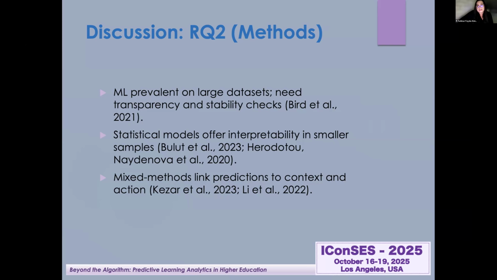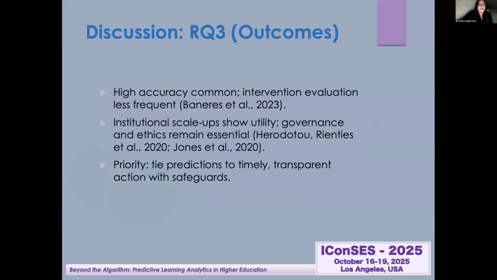There are also some statistical models, but the interpretability is limited to only smaller samples compared to machine learning models. In mixed methods, there are some links between predictions and context and action in learning in higher education.